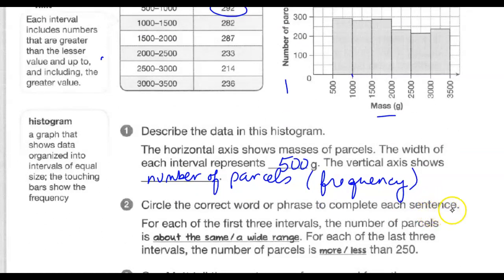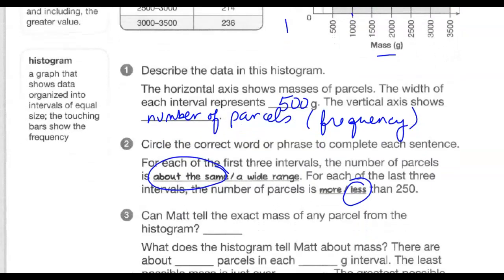So circle the correct word or phrase to complete each sentence. For each of the first three intervals, the number of parcels is either about the same or a wide range. So looking at these, they're very close. So I'd say about the same. For each of the last three intervals, the number of parcels is more or less than 250. So 250 is this line here. So they are less than 250.